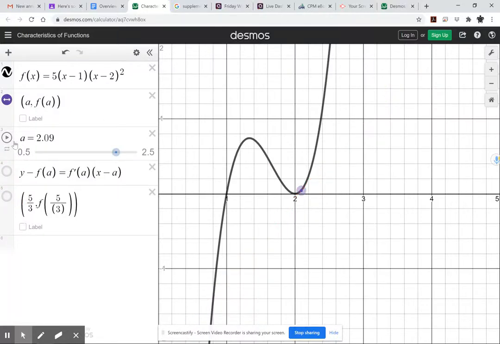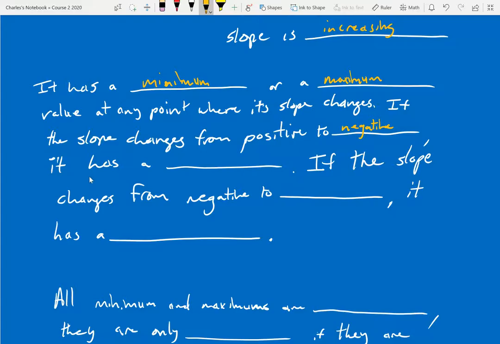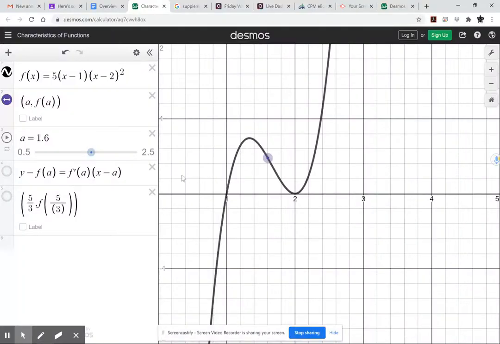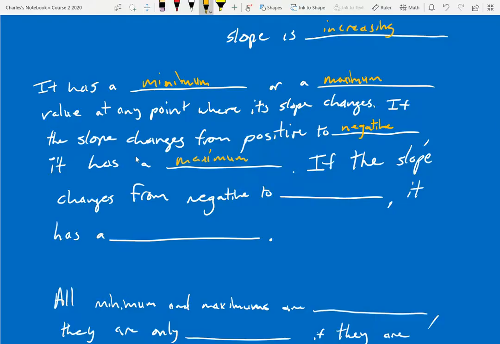Well, let's think of this point now. As the slope is going from positive to negative, what does it have? It goes from positive to negative. That looks like a maximum. If the slope changes from negative to positive, it has a minimum.